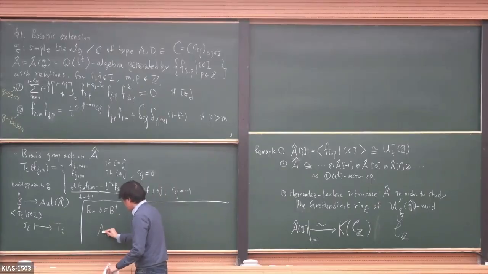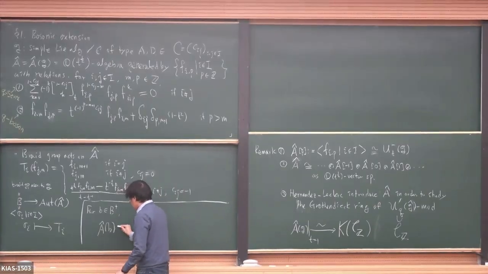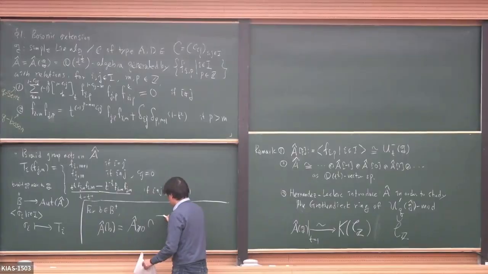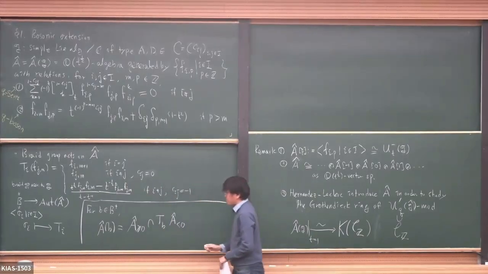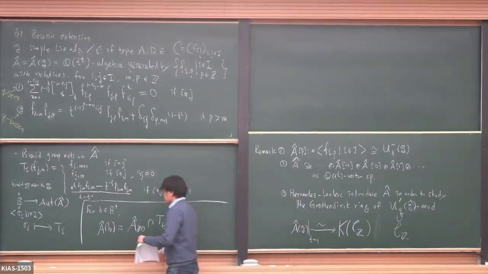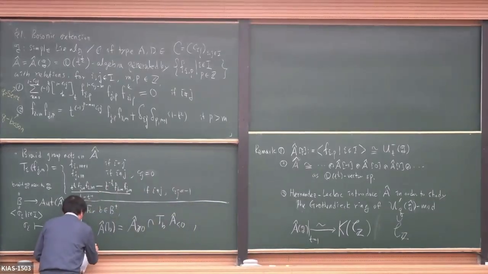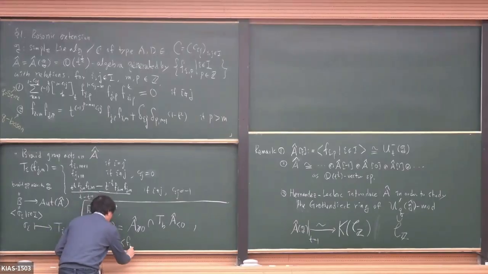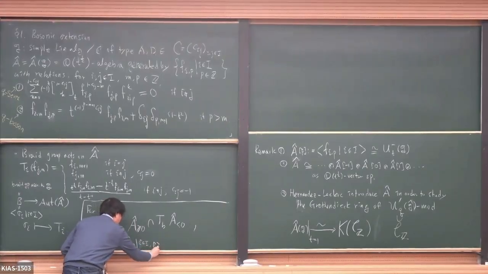A hat B is defined as the intersection of the subalgebras of this form, where non-negative is the subalgebra generated by F_{i,p} with p non-negative.